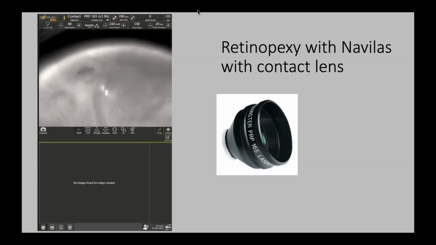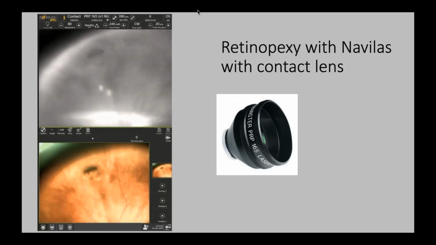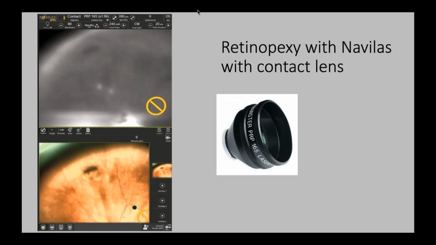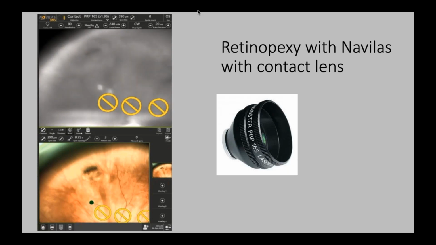This is a case with a peripheral retinal tear with lattice degeneration. Before planning the actual treatment, we have put down a few caution zones. The live image is used to plan the treatment with 3 contiguous rows of laser spots.